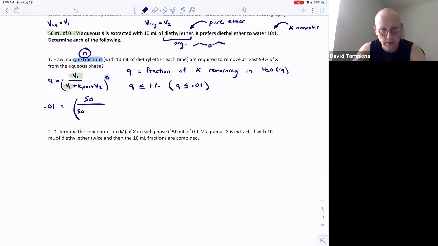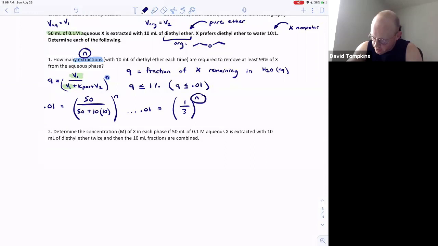I'm excluding the units because as long as we use the same volume unit, milliliters, this is just a unitless fraction. So if we want to solve this, we can now say 0.01 equals 50 over 150, or is equal to 1/3, raised to the n.